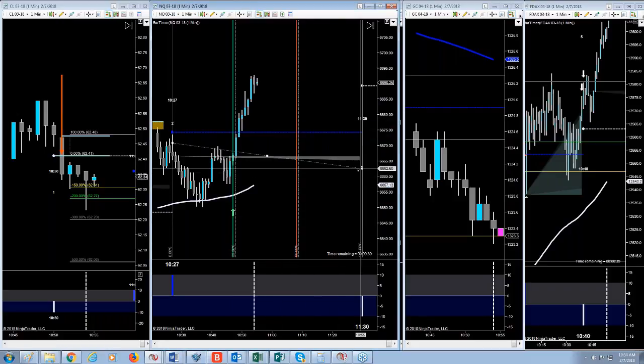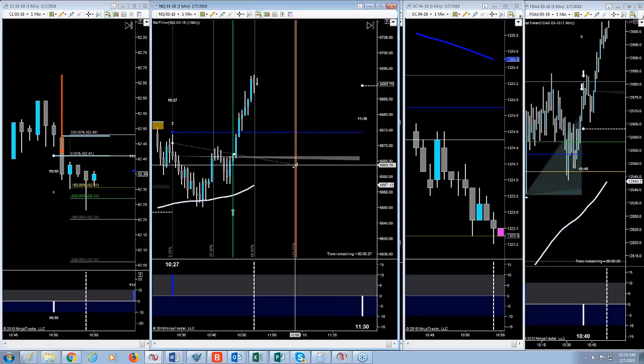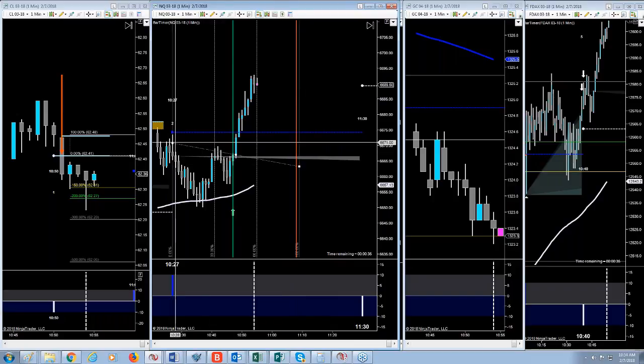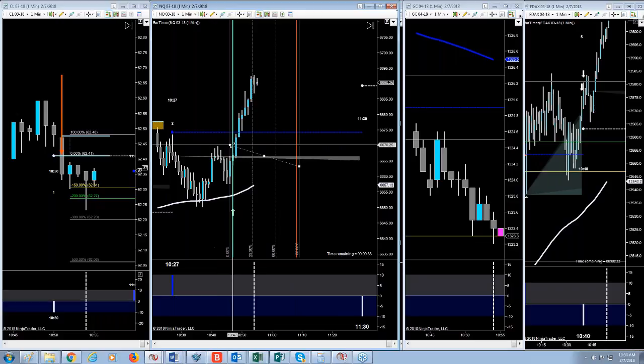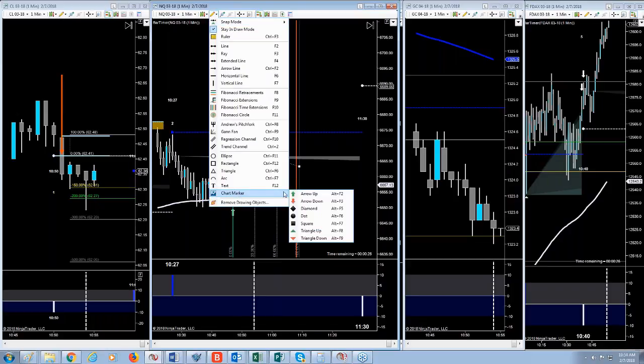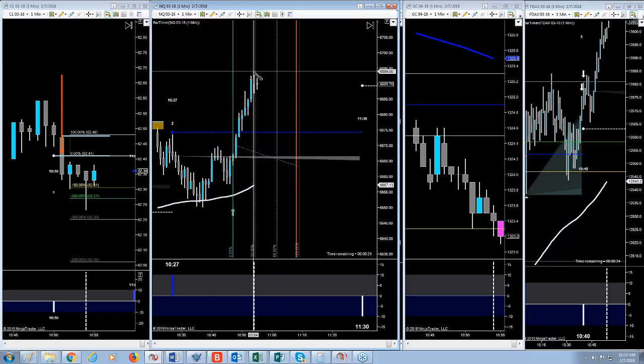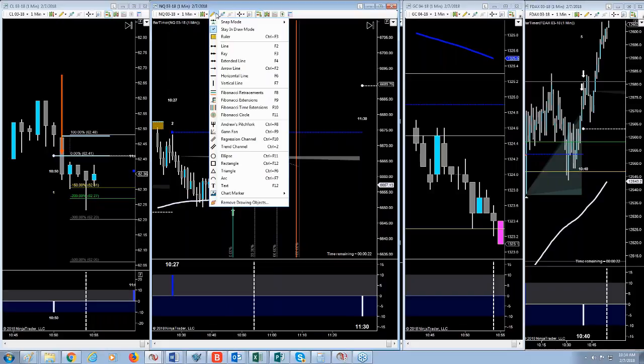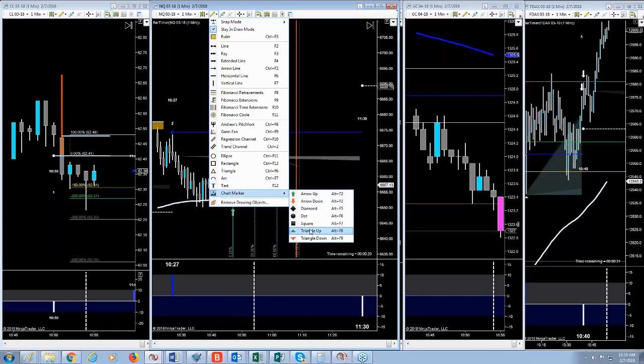And the earliest we'll have a drop, Ron, will be right here where we're at this bar right now. And then the next pop will be here.